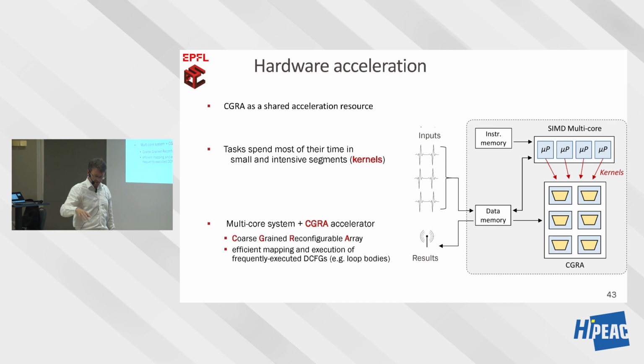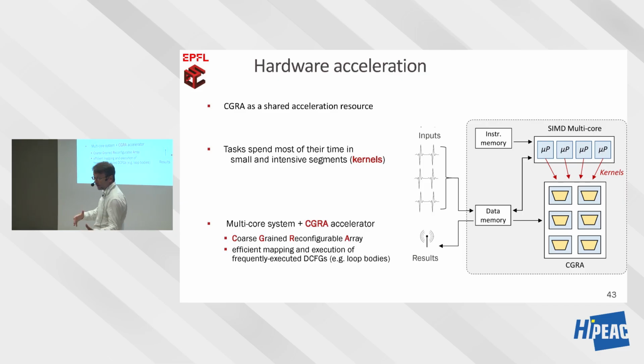Or you can see that as a SIMD machine, in which instead of having a linear combination of SIMD units, you have a two-dimensional mesh of SIMD units, and each unit can communicate with the neighboring one. So it's something in between FPGAs and SIMD machines.